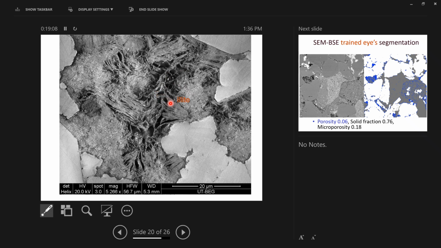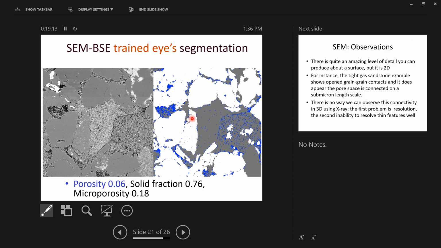So this is zooming into clays, and clay platelets have different orientations. Now, if I was segmenting this by point counting, you can literally segment by hand by tapping onto the image and finding out where the porosity, microporosity, and solids are.